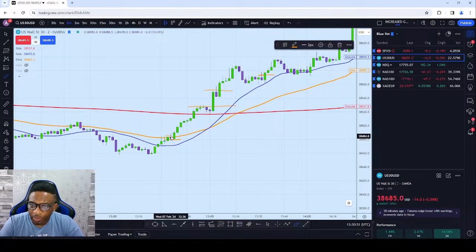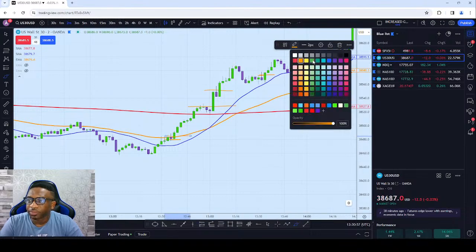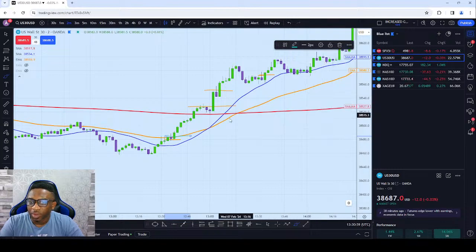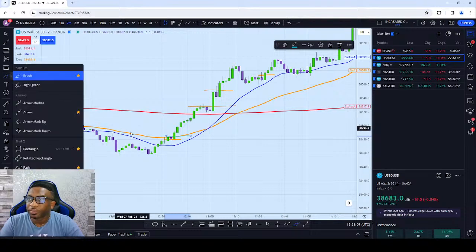So the comparison I was making is, if you entered at this level where price took out the previous candle, your stop loss will be here.